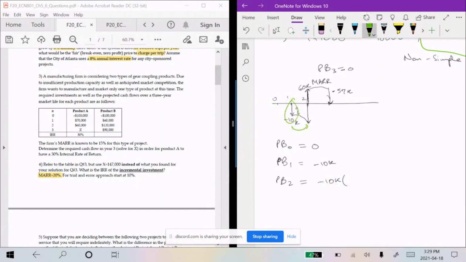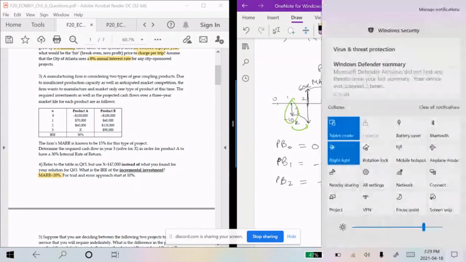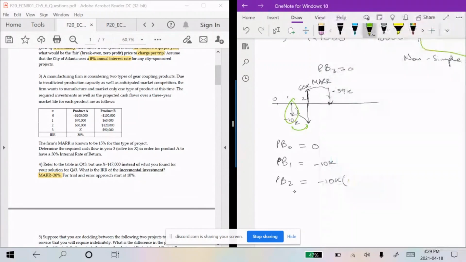So what you do is 1 plus I raised to the power 1. And then in the second period, there's a 60K revenue. To take that into account, we add 60K. Okay, this is the project balance at the end of the second period.